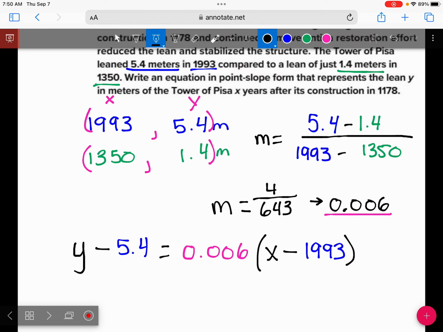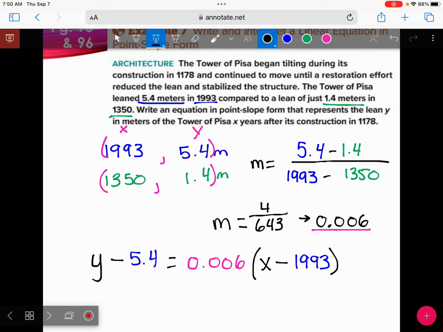So, barring earthquake, it should stay standing for a while. We're not going to move it around. We're just writing it in point slope form. We just got to find the pieces in the paragraph to work with, okay? So when in doubt, write down your pieces, figure out what your x is, figure out what your y is.